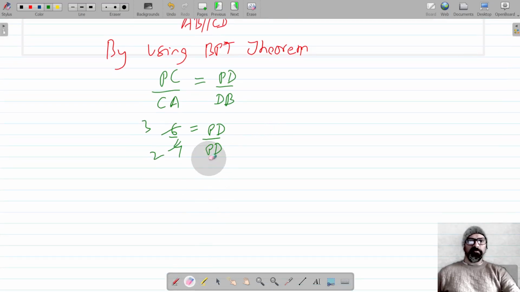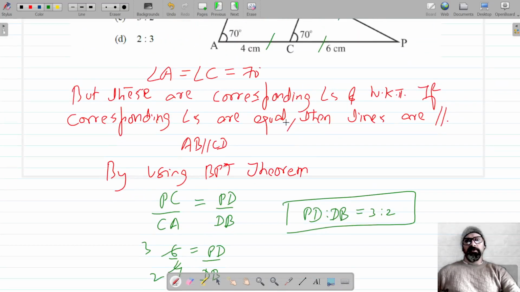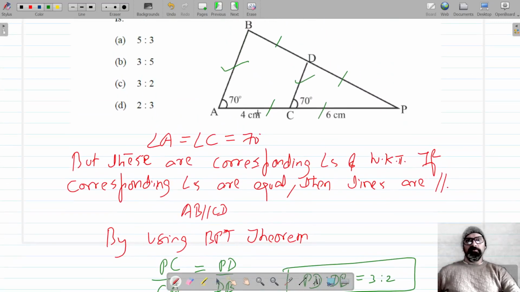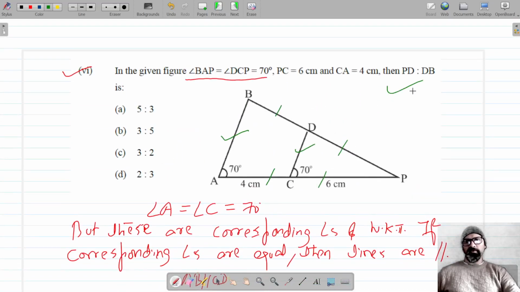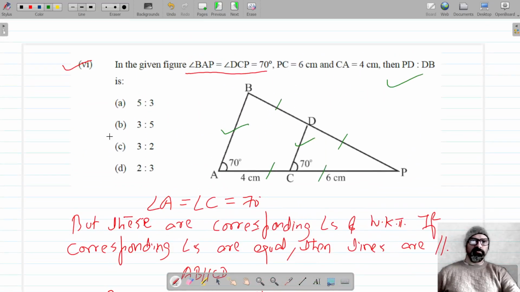So PD is to DB is equal to 3 is to 2. That was the ratio we were supposed to find out. So 3 is to 2 means C is the correct answer for this one.